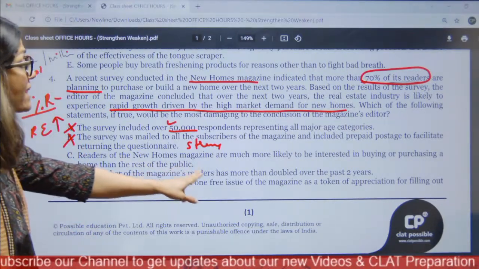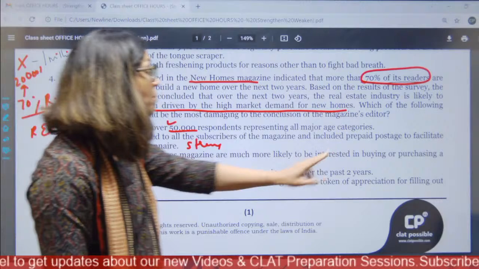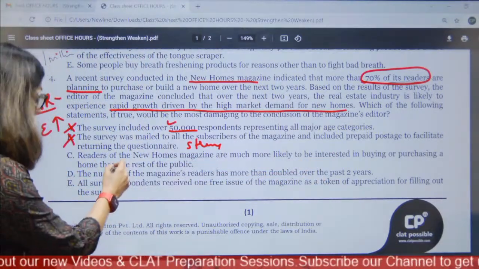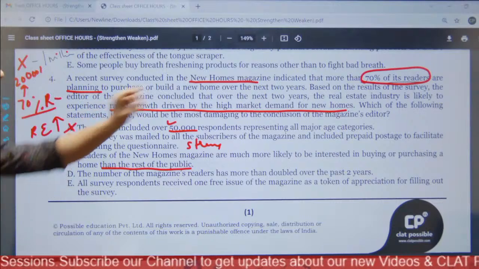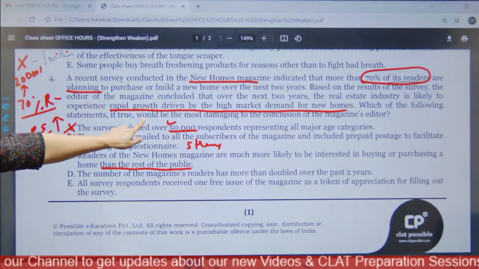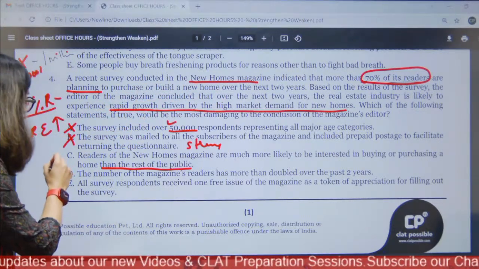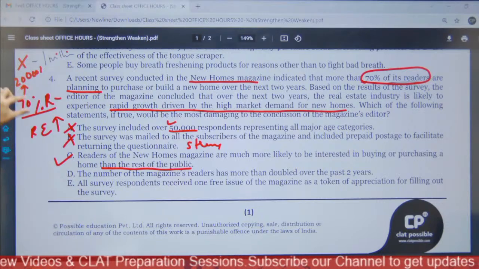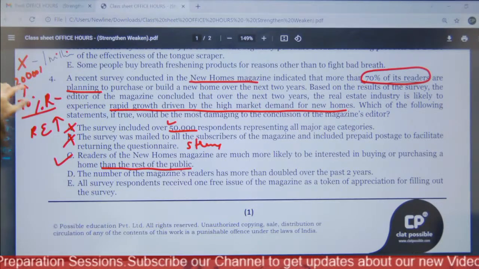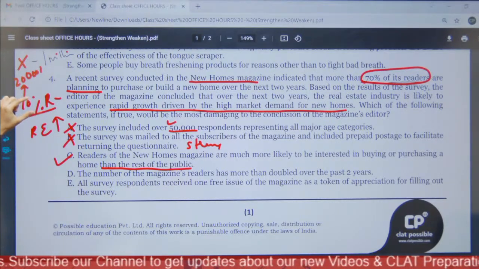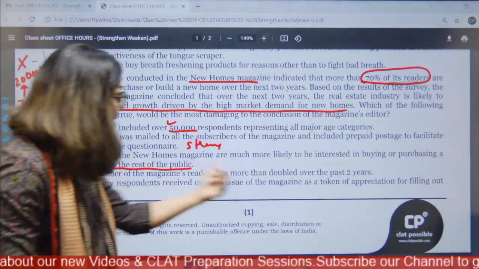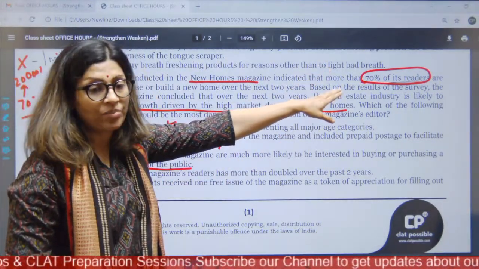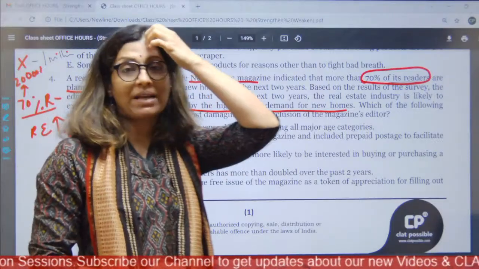Readers of the New Home magazine are much more likely to be interested in buying or purchasing a home than the rest of the public. Now this says that there is a difference in the readers and everyone else. So this option shows that readers are not a correct representation. Could be in terms of numbers, but let's assume that even the numbers do not matter.